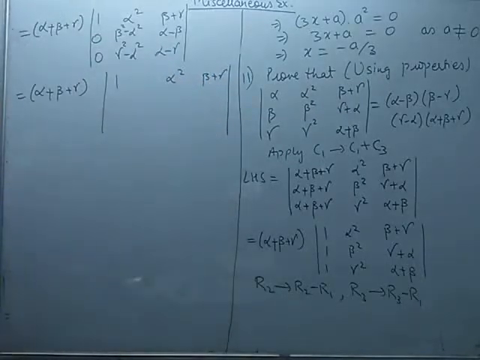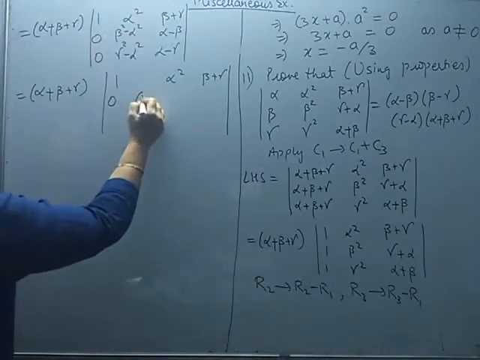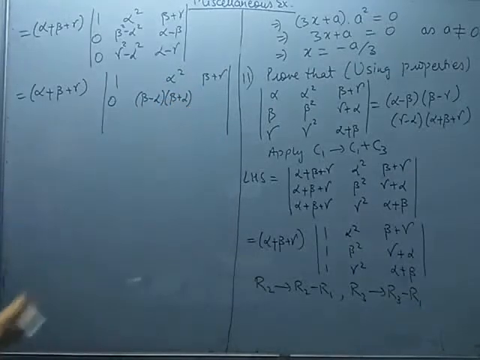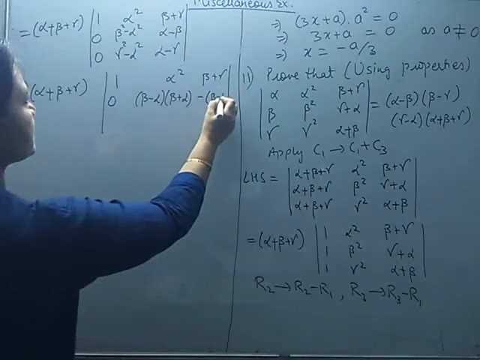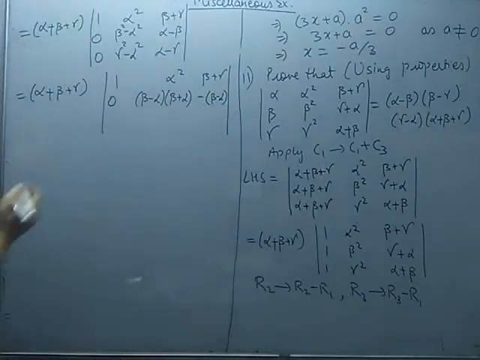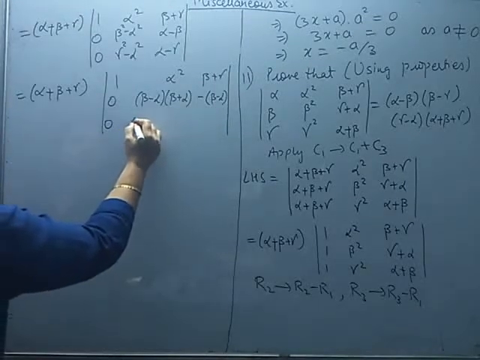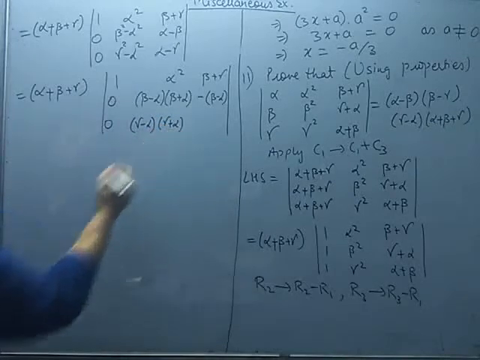First row as it is. Now see, beta square minus alpha square can be written as beta minus alpha and beta plus alpha. Here I can take minus common and write it as beta minus alpha. Then gamma square minus alpha square can be written as gamma minus alpha, gamma plus alpha.